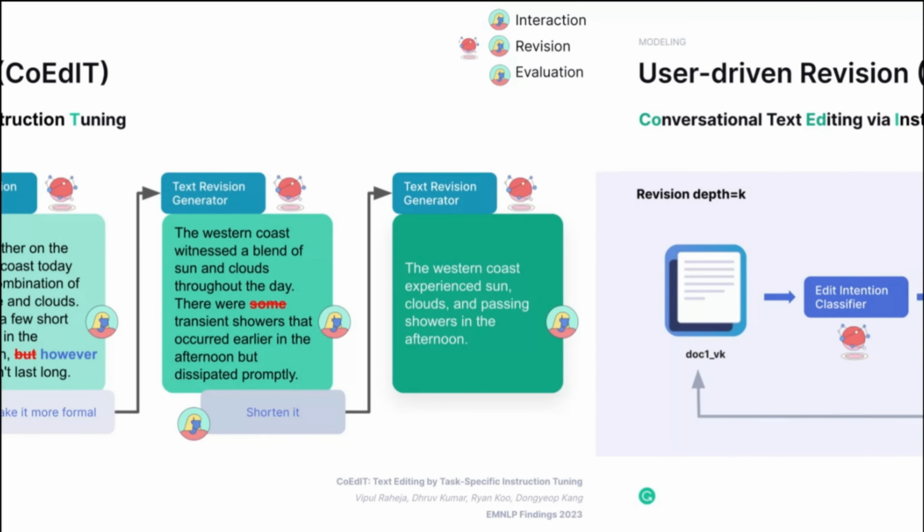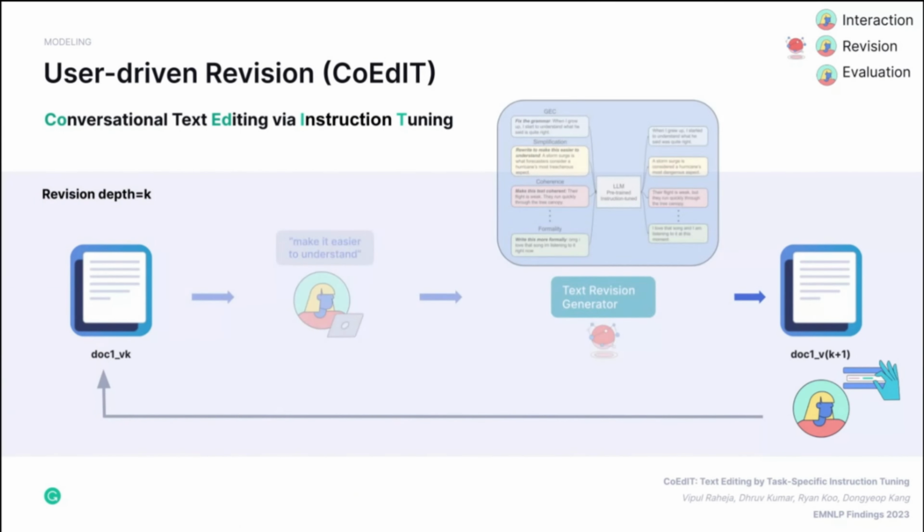So in Coedit, we essentially replace the automated system-driven edit detection and revision of deliterator with a more user-centric interaction, where the user can now provide instructions in natural language, and the revision model, which is an instruction-tuned large language model, can perform the edits.